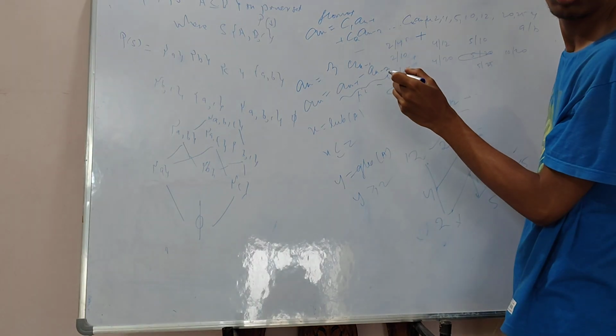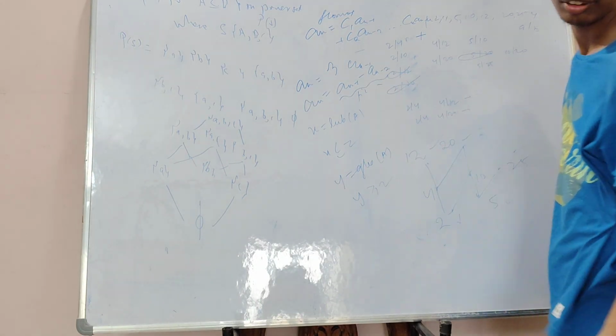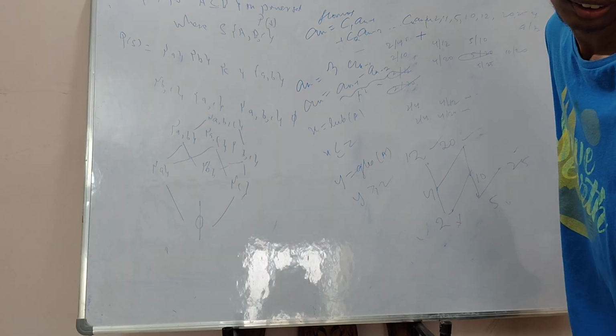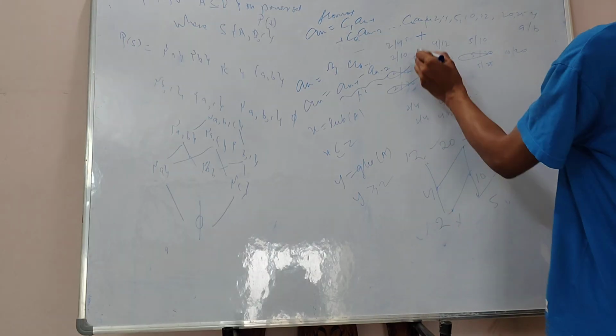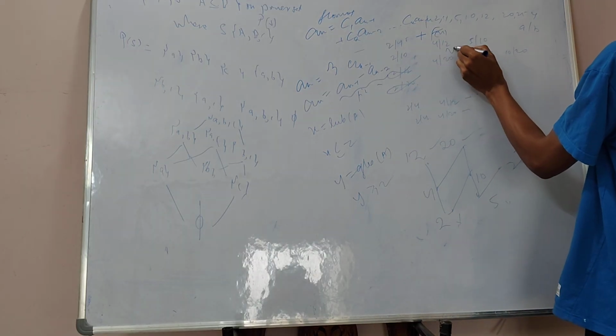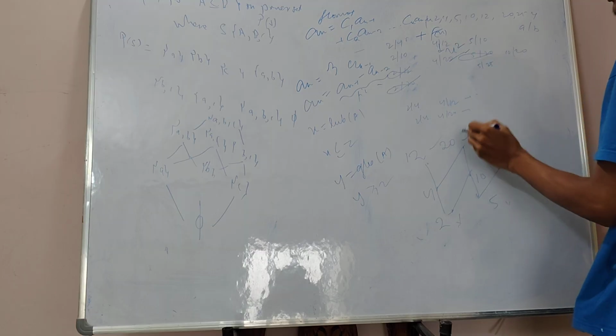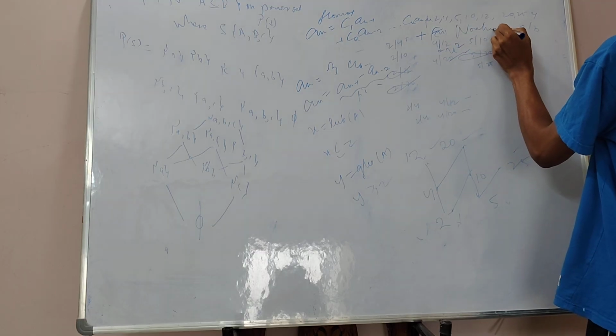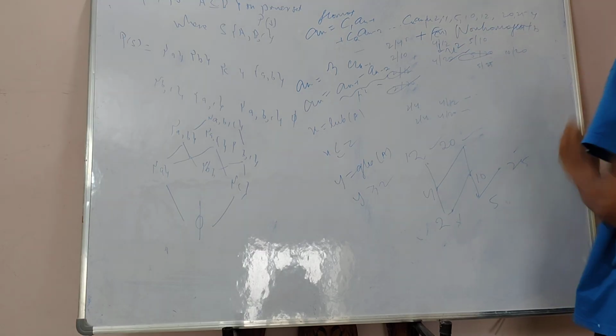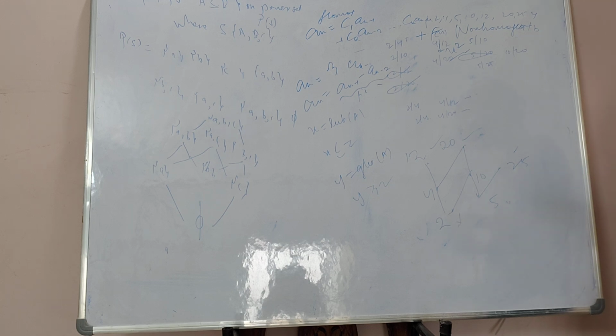Plus here it will be an extra function, right? Suppose f(n) can be n square or something, right? This is for non-homogeneous, right?